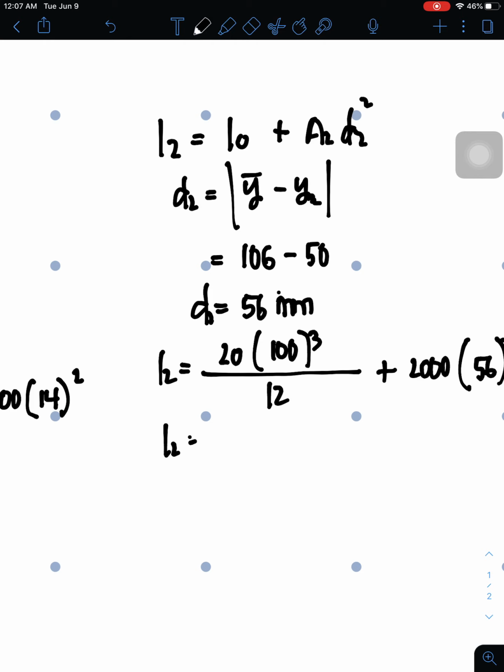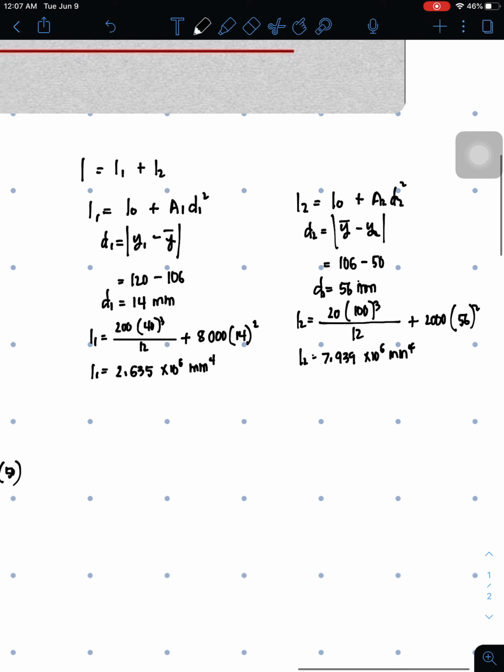So that's 20 times 100 cubed over 12 plus 2,000 times 56 squared. Yes, so that's 7.939 times 10 to the 6th mm to the 4th power.